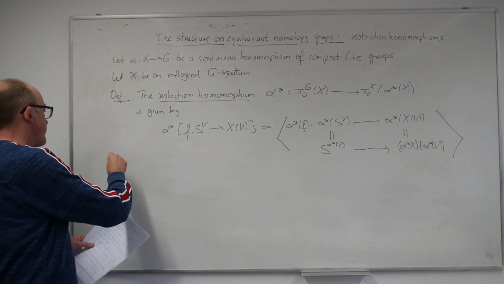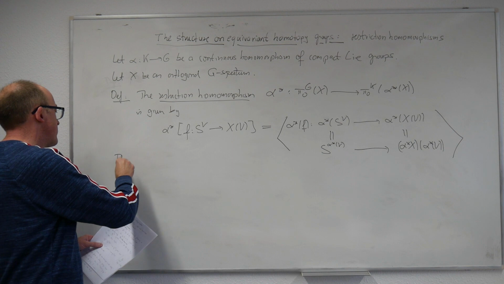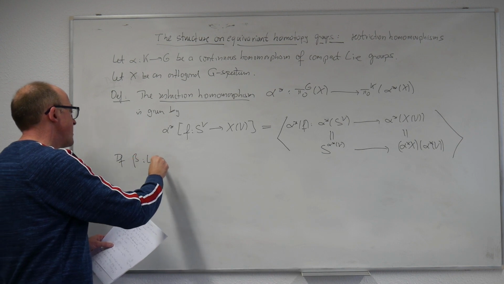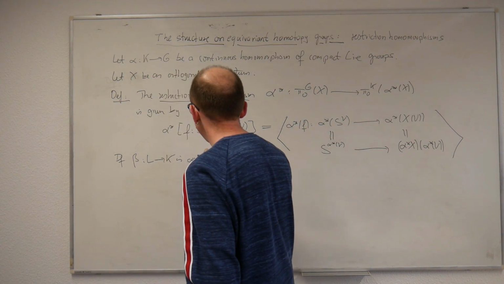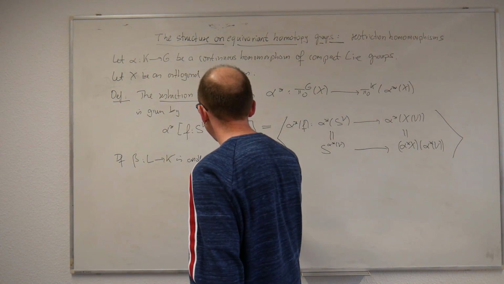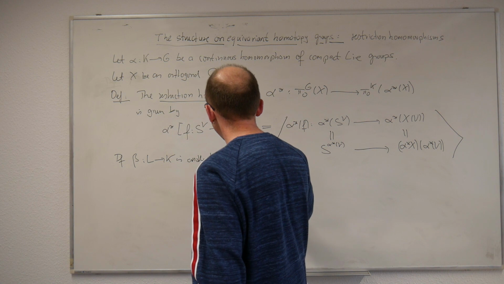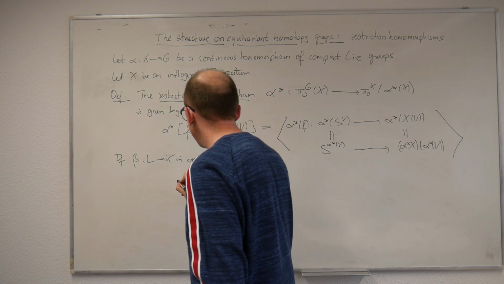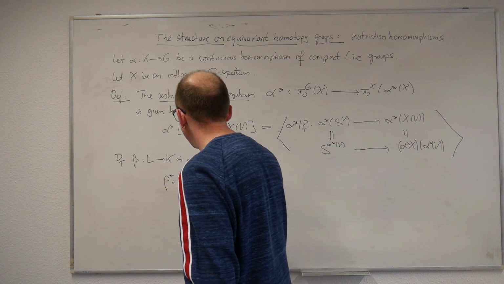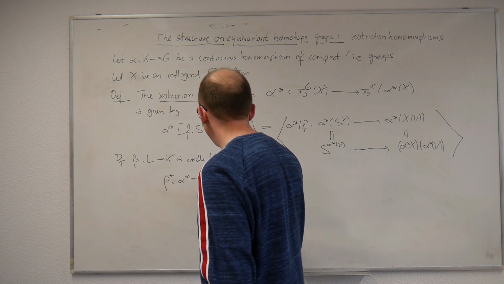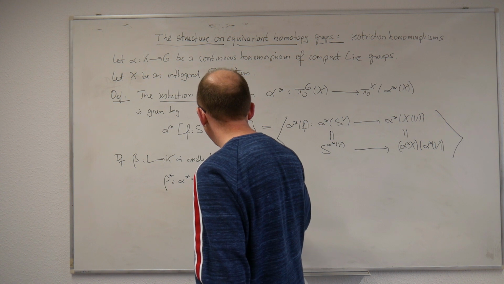So if we have another homomorphism, if beta from L to K is another continuous homomorphism, then we can consider first alpha upper star and then beta upper star, and we can compare this with alpha composed with beta upper star.